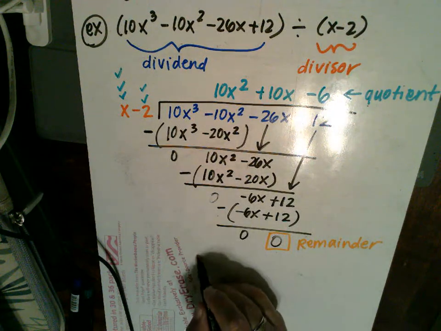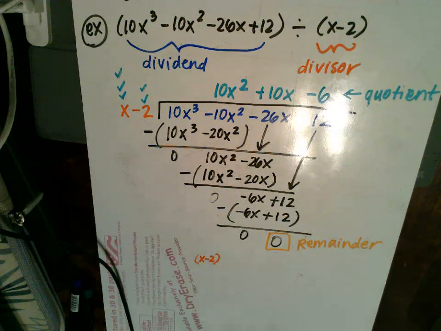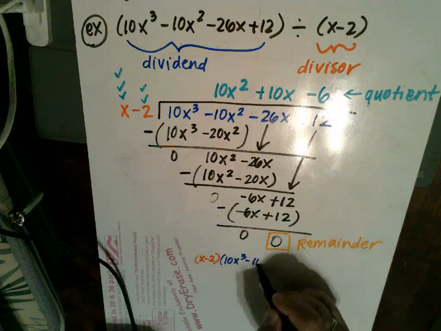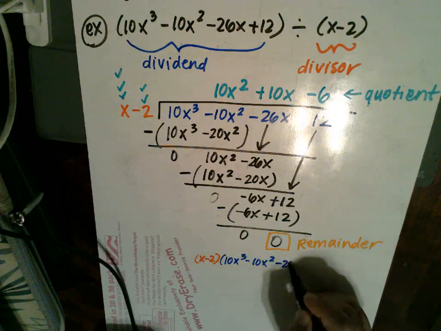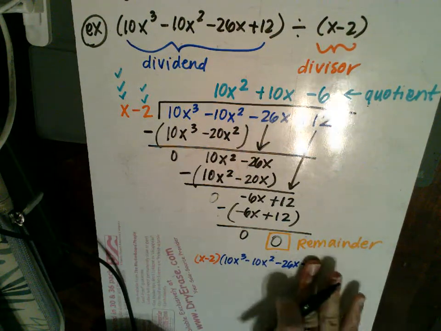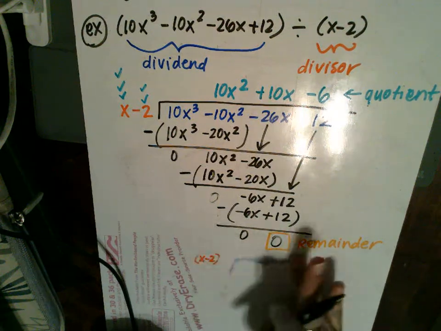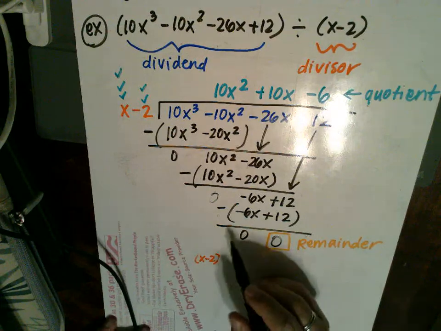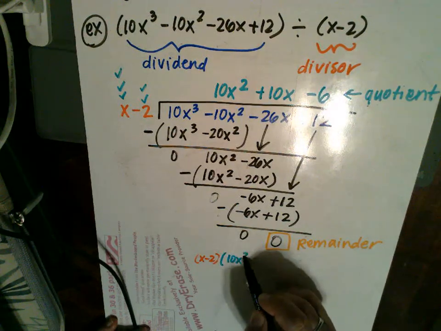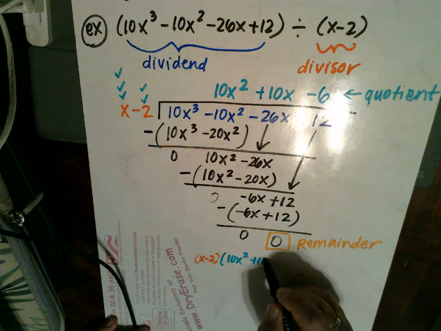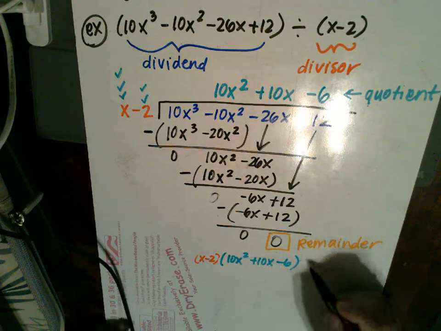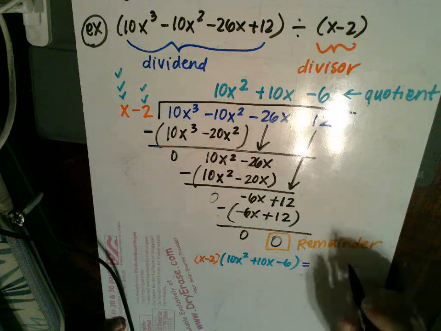So we say that x minus 2 times, oops, I'm sorry, my divisor times my quotient, 10x squared plus 10x minus 6, is equal to my dividend.